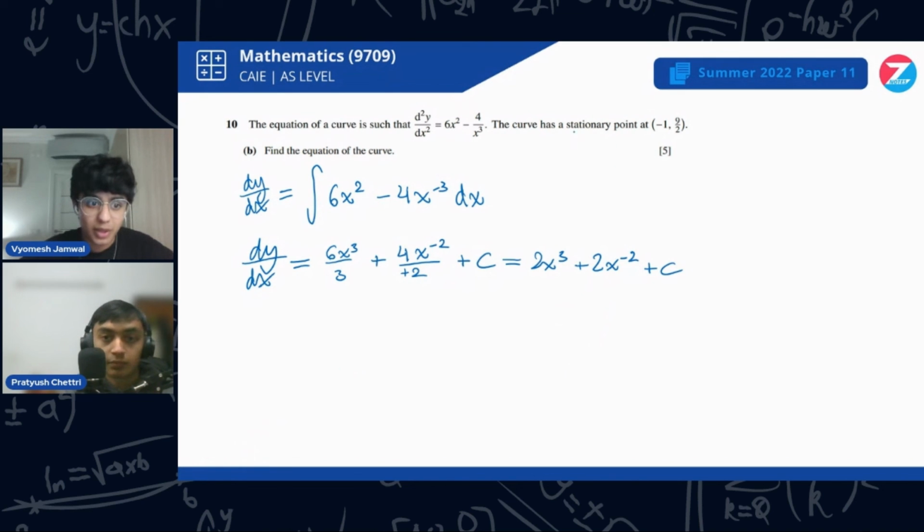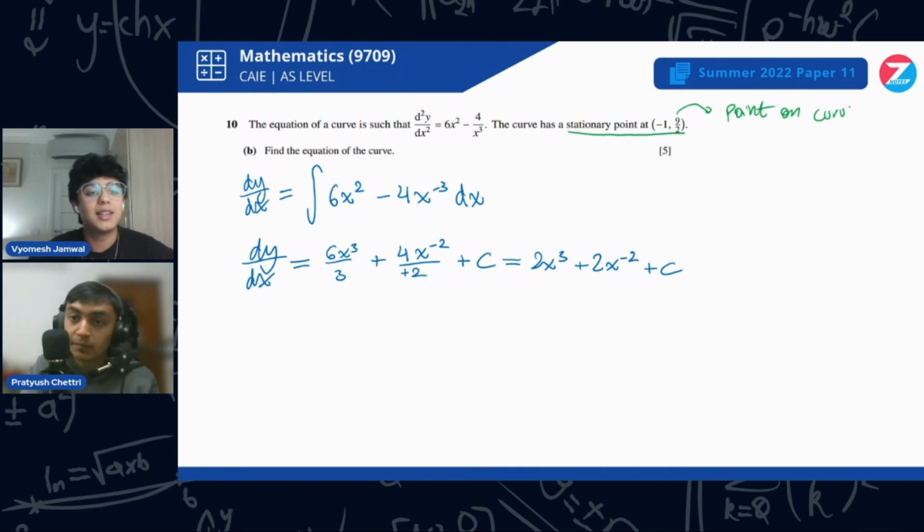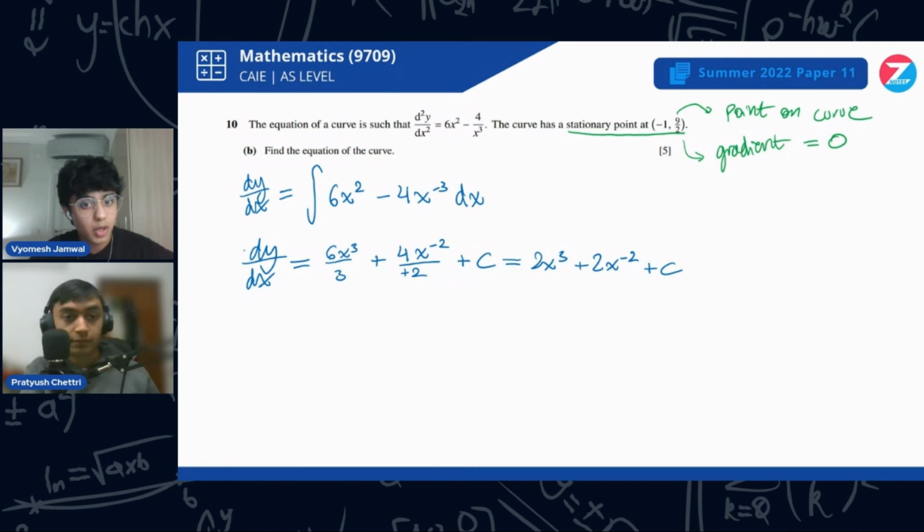So it means two things, okay? First of all, the graph of the actual curve has a point at this coordinate. And second of all, it states that the gradient at this point is going to be 0. Okay? So now we have the equation of the gradient, and so we can equate this to 0 and put in the value of x, which is negative 1.